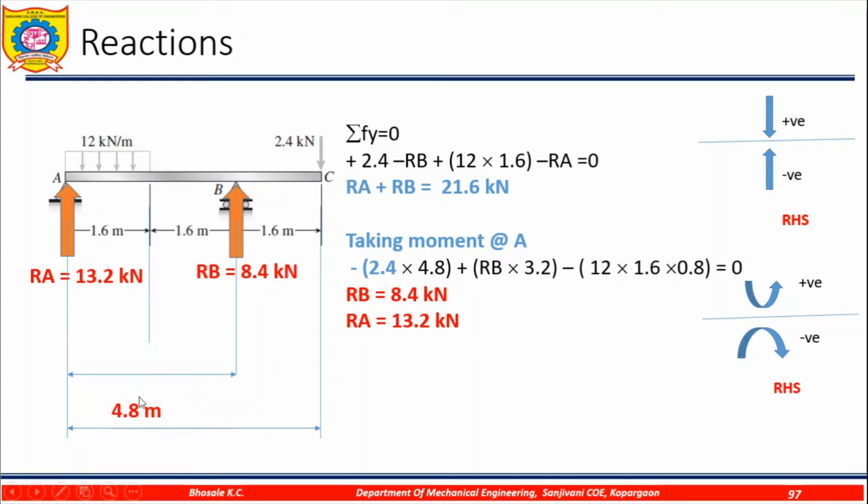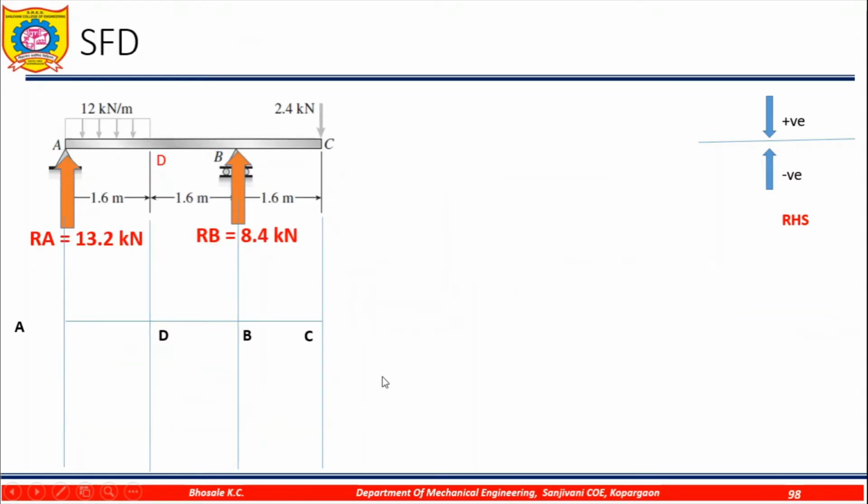This is the distance of 4.8, distance 3.2 meter. Next, we have to find the shear force diagram for this loading diagram. Shear force at point C is 2.4 as this load is going downward, plus 2.4 kilonewton.